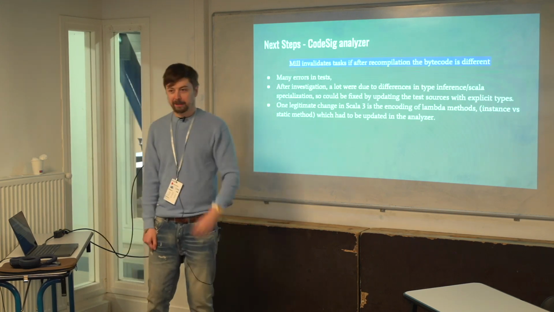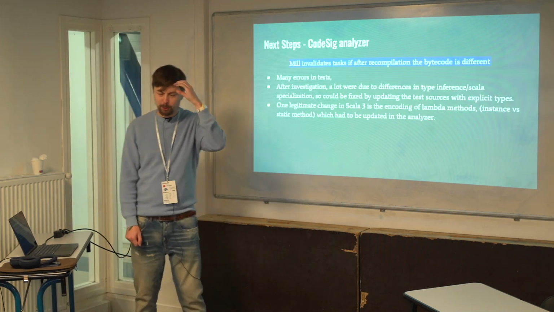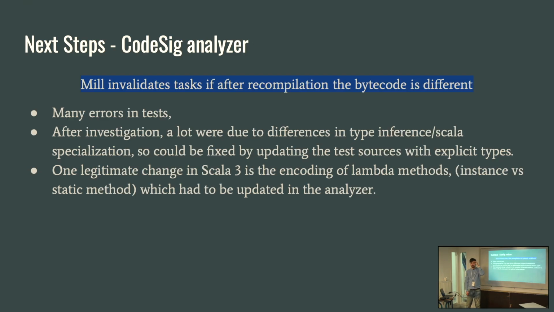So yeah, the next thing here was that we had this code sig analyzer. Why do we have that? When you run a task, the result is cached. If you have a side effect, such as printing or writing a file, then anytime you update the definition of your task, you would prefer that side effect to be rerun.